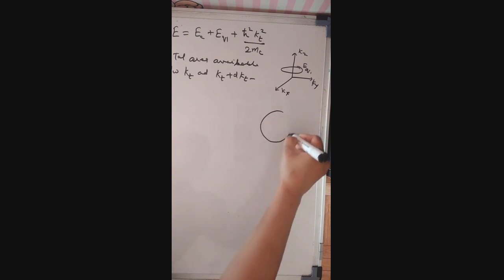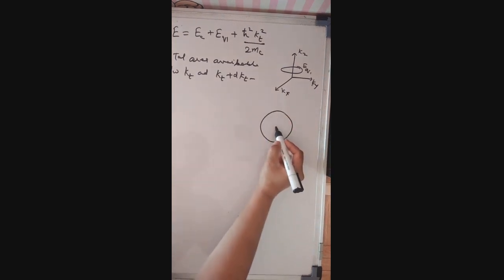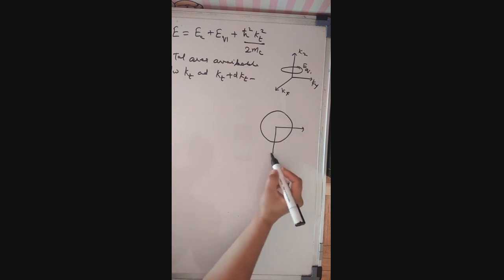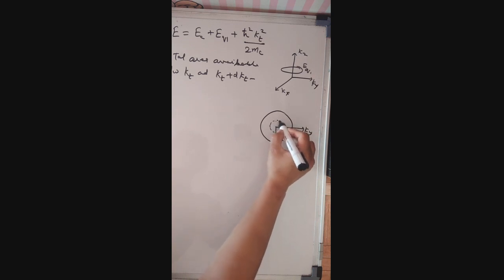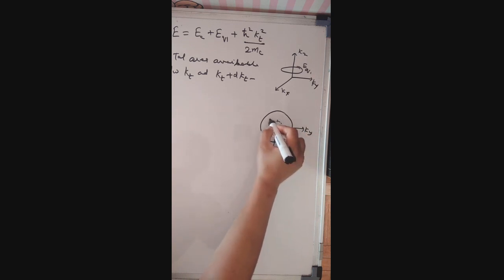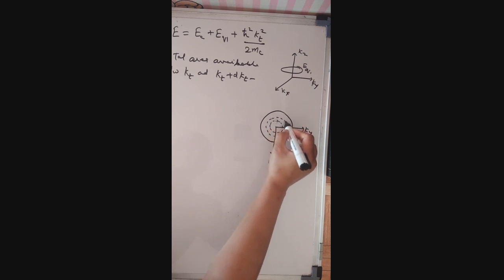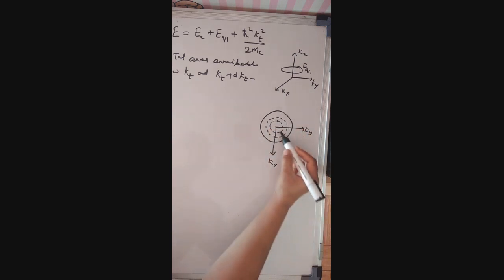This was the kx direction and this was the ky direction, and this is the first ring due to the k vector, and this was due to the k plus dk vector. And kt is what? Kt was this, and if we are talking about kt plus dkt, then we have to take it till here. So this is kt plus dkt till here.